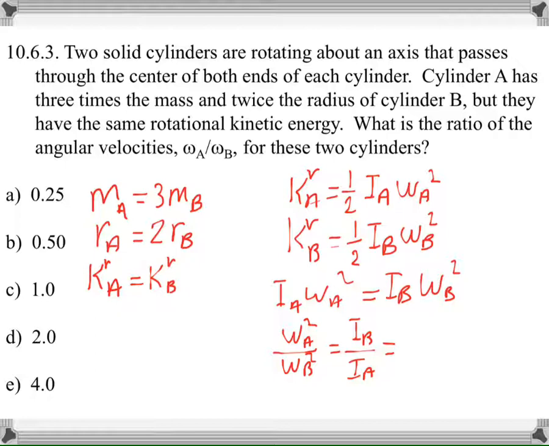Disk has a moment of inertia of 1/2 MB RB squared, and the other one is 1/2 MA RA squared. But MA is 3 MB, right? I can write 3 times MB instead of MA. What about RA? RA is 2 times RB. So square it for RB squared.